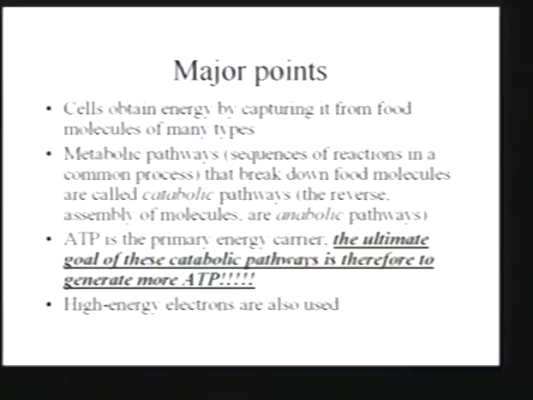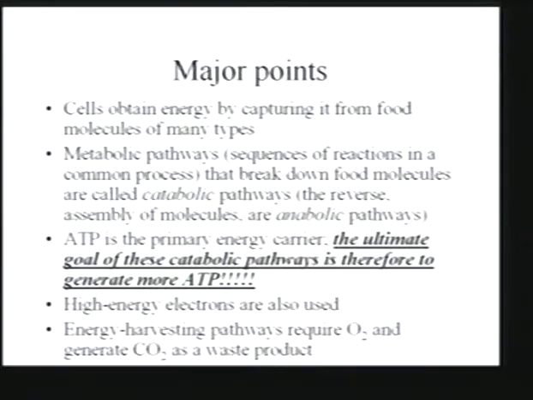High-energy electrons are also used in these pathways. Right? We'll see a situation where electrons are being snatched away from other molecules. In a sense, the energy that's in those electrons is captured and stored for release later. Okay, so high-energy electrons are going to be an important part of these catabolic pathways.